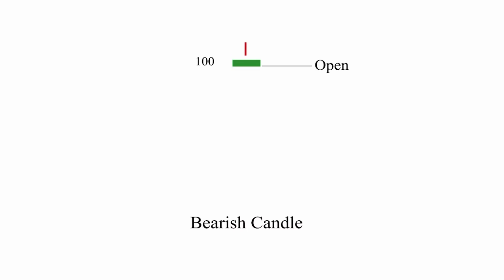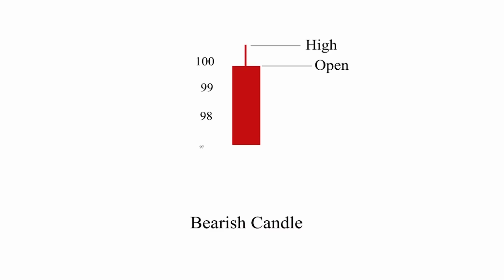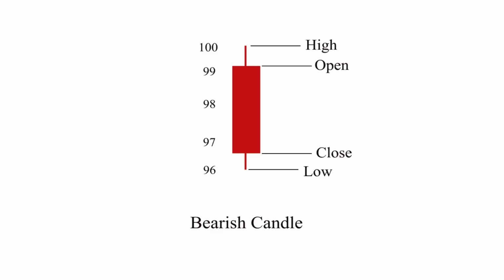And for a bearish candle here, the price opened at 99, then made a high of 100 and then started coming down. If you can see, it made 98, crossed 97, 96 and gave a low of 96, making a close of 97.